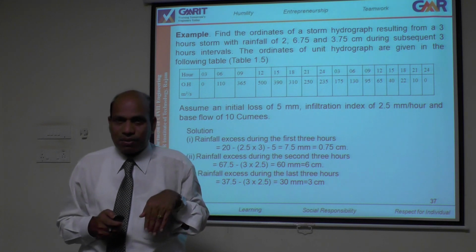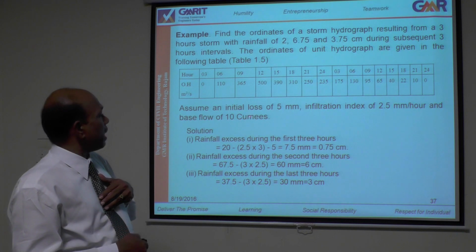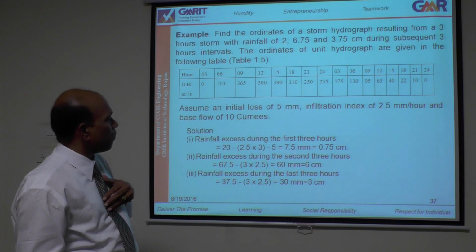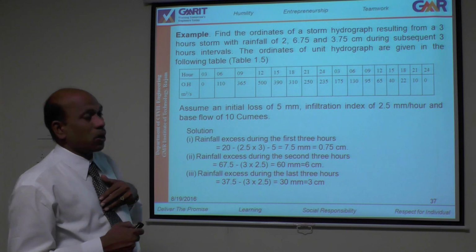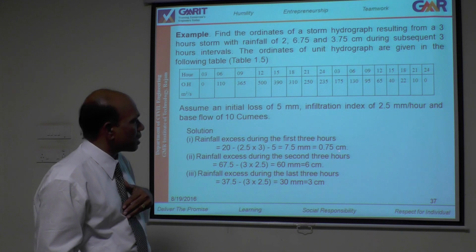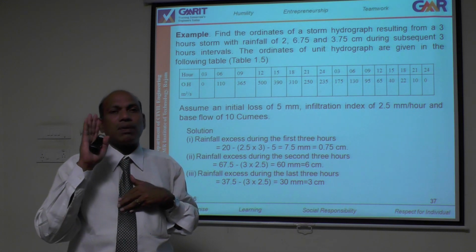These are the losses. Then what is the rainfall depth we have? 20 mm. 20 minus 12.5, we have 7.5 mm, which is the only rainfall excess for the first 3 hours of rain. That is 0.75 centimeters of rainfall excess in the first 3 hours rainfall.